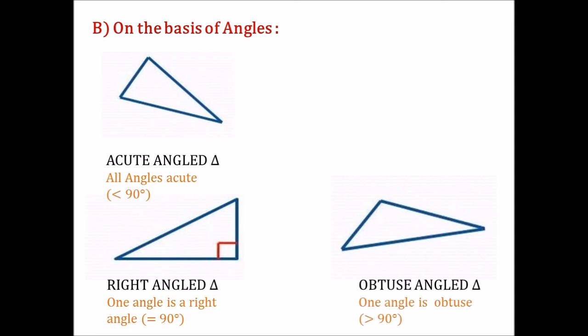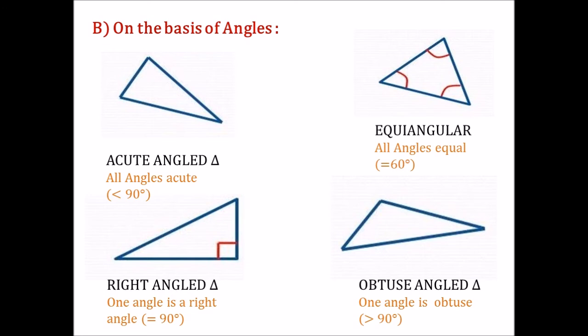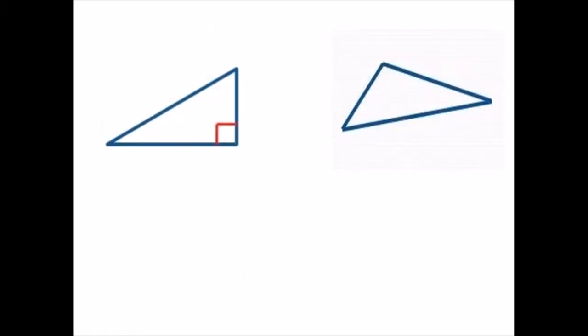Now, in acute angle triangle, if all three angles are equal, that is each angle measures 60 degree, then such type of triangles are known as equiangular triangle. Now, in order to find area of a triangle, by common convention, we need two components, that is base and height.